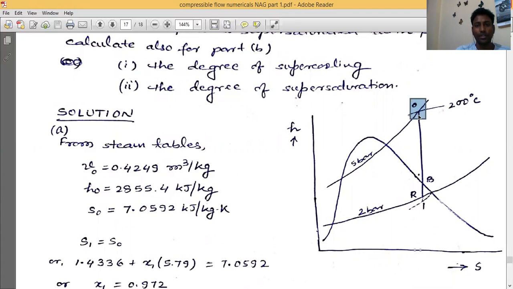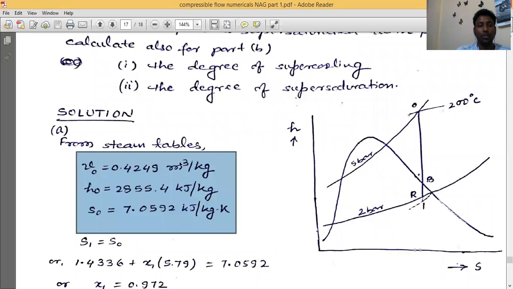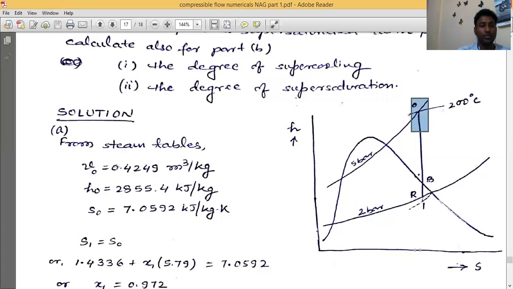In the first case, since the flow is isentropic, there will be a vertical line passing through 0. Where this vertical line cuts the 2 bar line, that will represent the exit conditions. So from the steam table or Mollier diagram you can read it out.